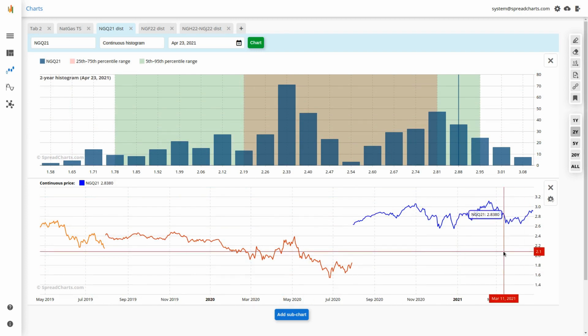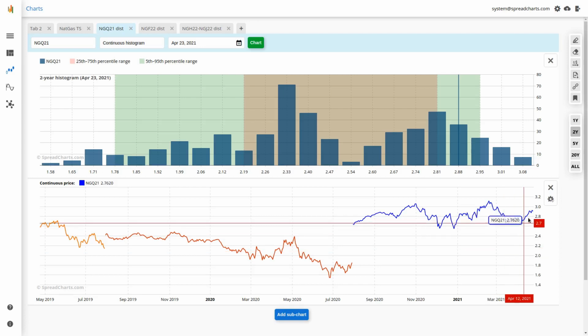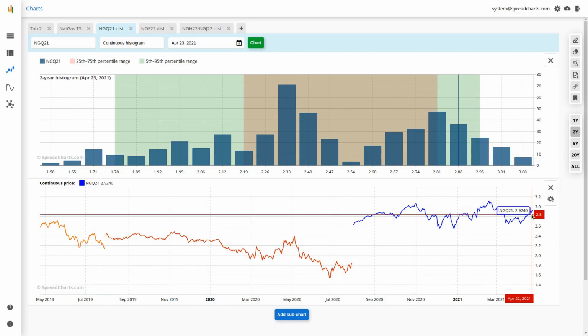And as you can see yourself, the price over the last 2 years is slightly elevated. You can see that the current value is in the right green field between the 75th and 95th percentile. And that's probably the reason why people are starting to look at bearish strategies on natural gas. So it does make sense in the short-term perspective.